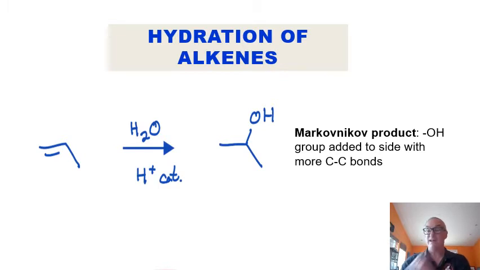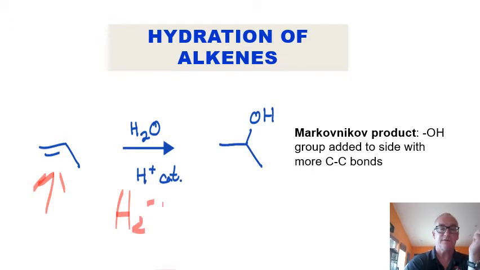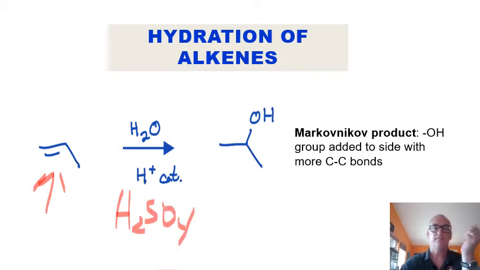This one you should already know because we've dealt with this before. This is the Markovnikov reaction, where we basically hydrate a double bond. So here we've got an alkene, and with a catalyst of a very strong acid, usually sulfuric acid, we force that double bond to break and then take on water.